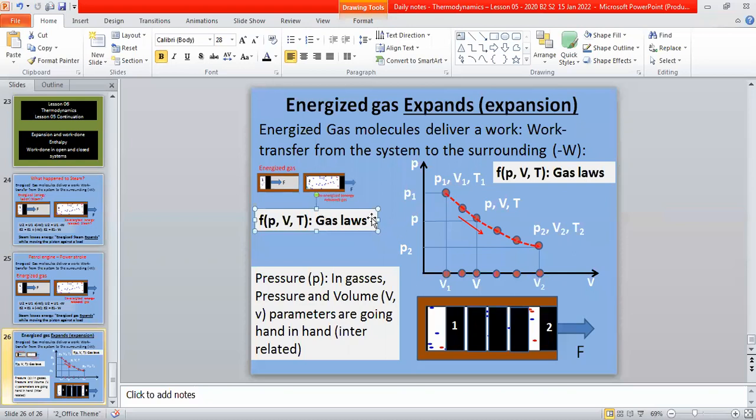We categorize gases in this way. There are ideal gases, so there are ideal gas laws. You will learn that. Ideal means it's mostly conceptual, they're assumptions. And there are real gas laws.